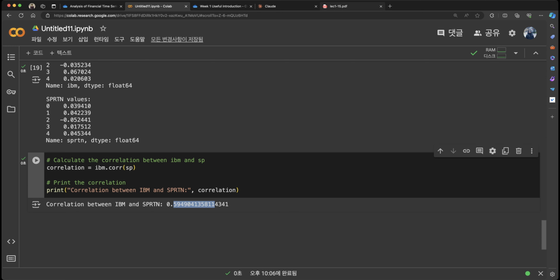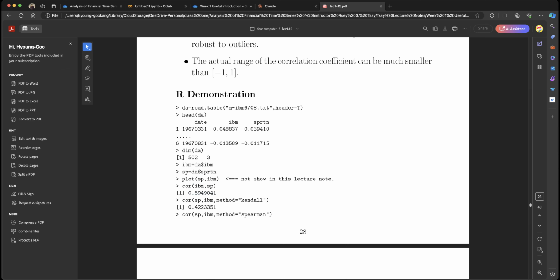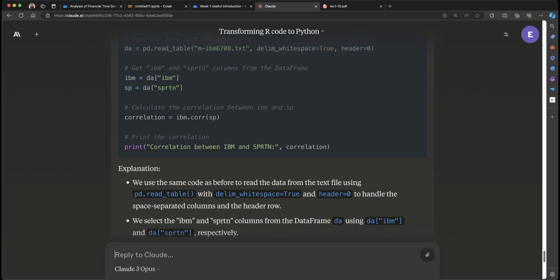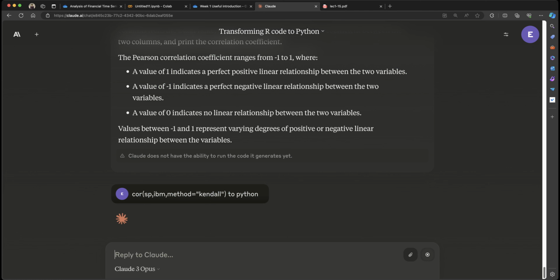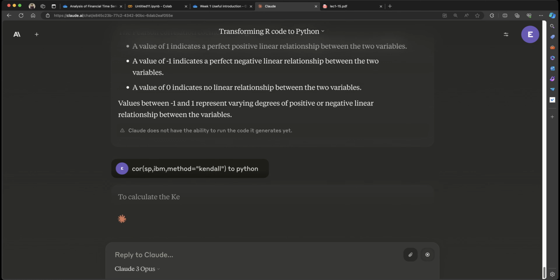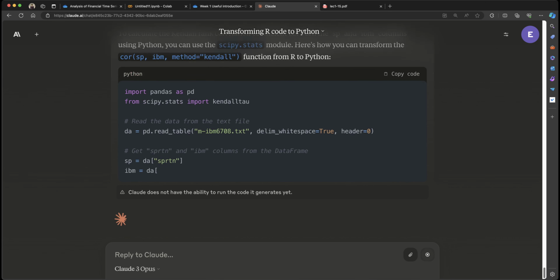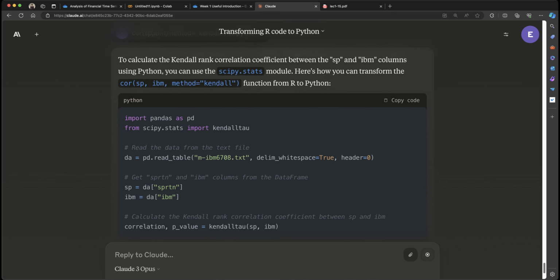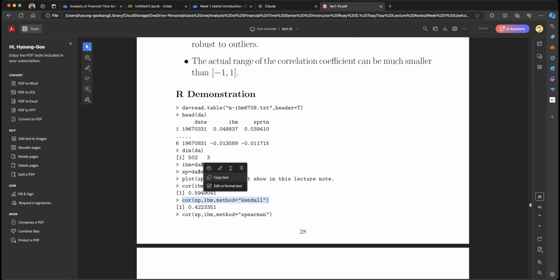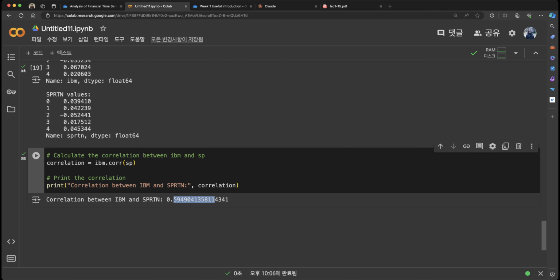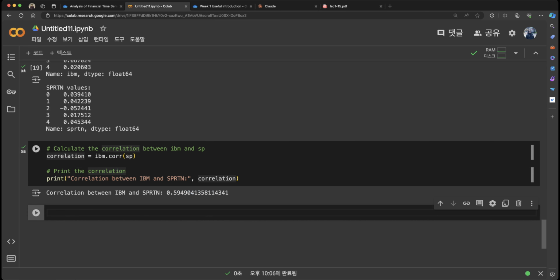And then how about Kendall correlation? In Python, we can exploit the Kendall tau correlation. So we need a library here. Make a copy of the code and then paste it here.